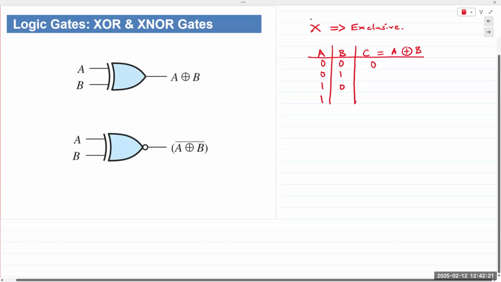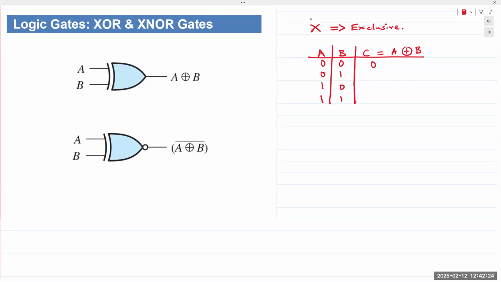So you have 0, 0, 0, 1, 1, 0, and 1, 1 for a 2-input exclusive OR gate. The exclusive OR gate states that the output goes high when the inputs are different. When the inputs are the same, the output goes low.